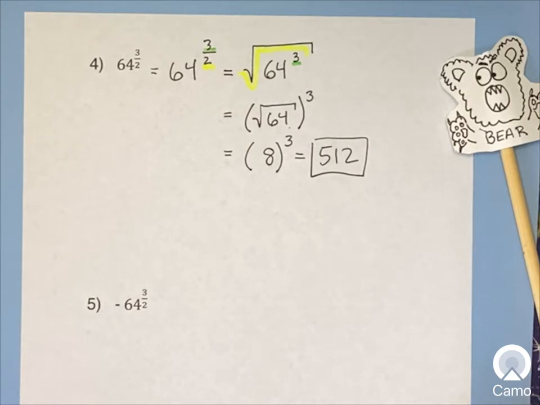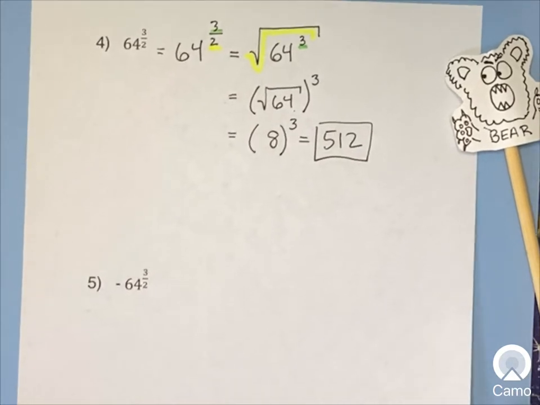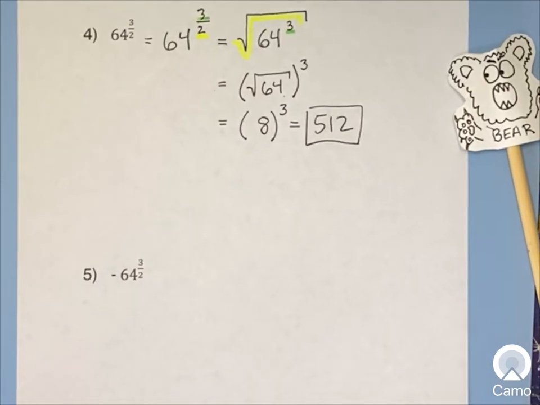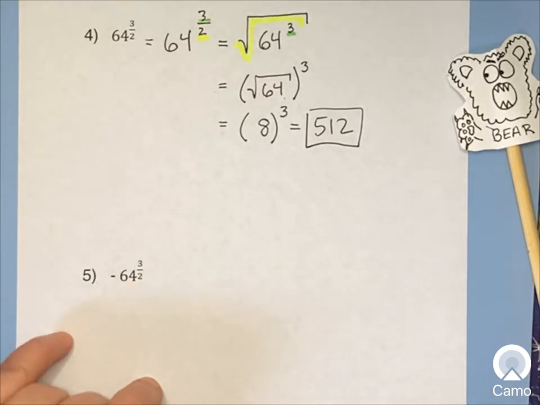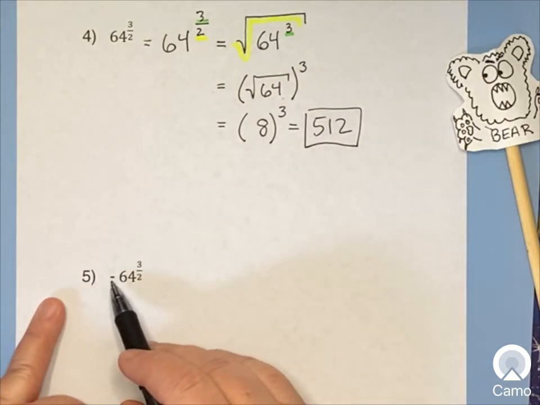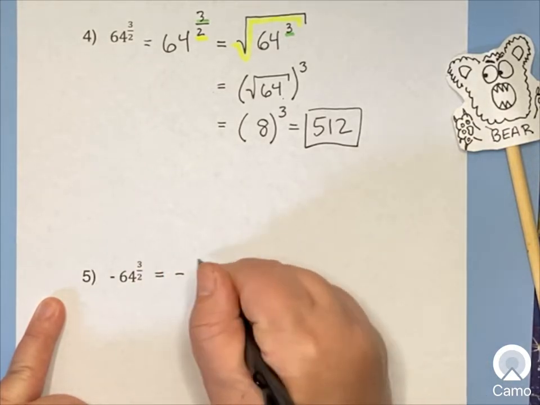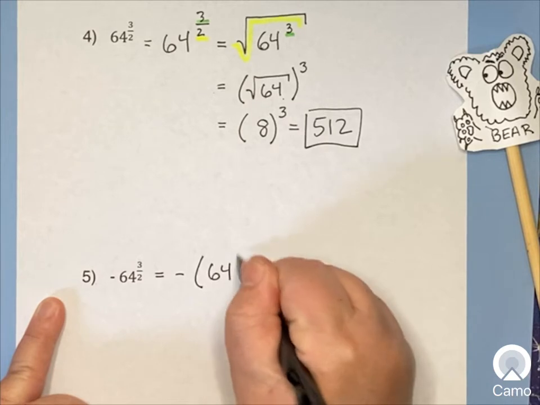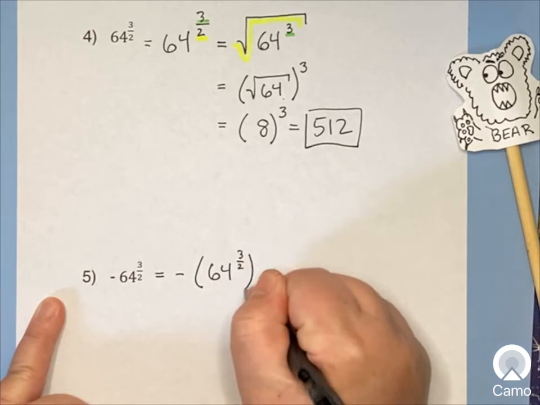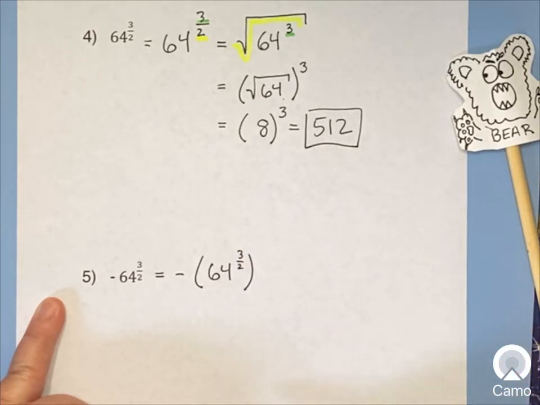For the next one, I've asked, what happens if I put a minus out in front? What we've learned in previous videos or in previous math classes is that the minus out in front only changes the sign. Remember, the minus doesn't get invited to the party unless it is explicitly put inside parentheses.